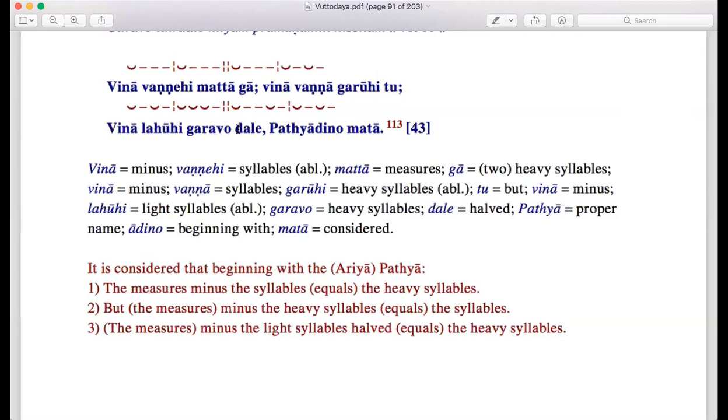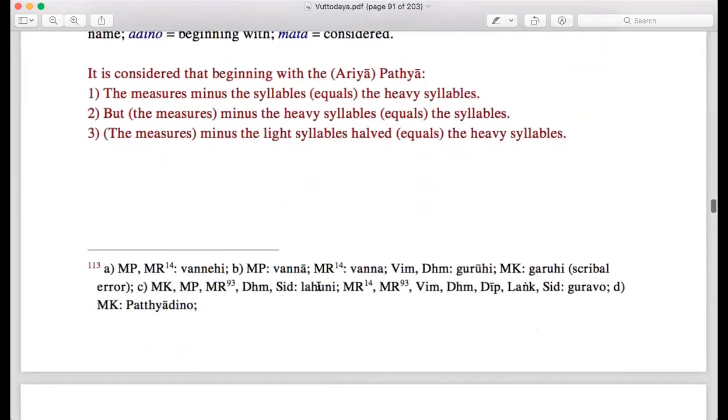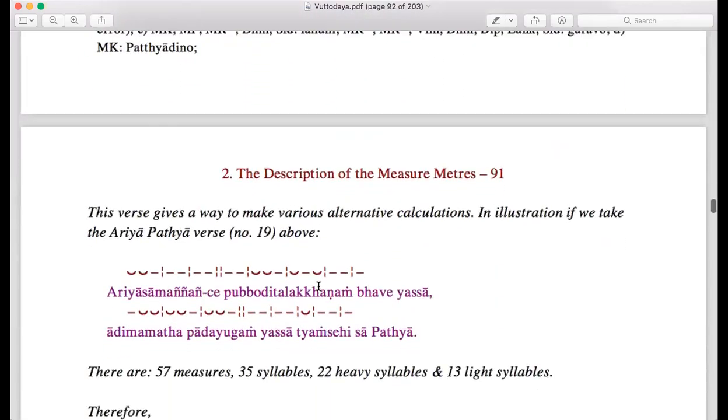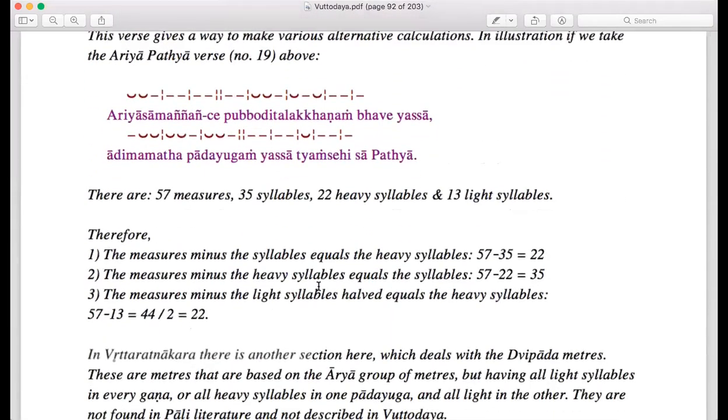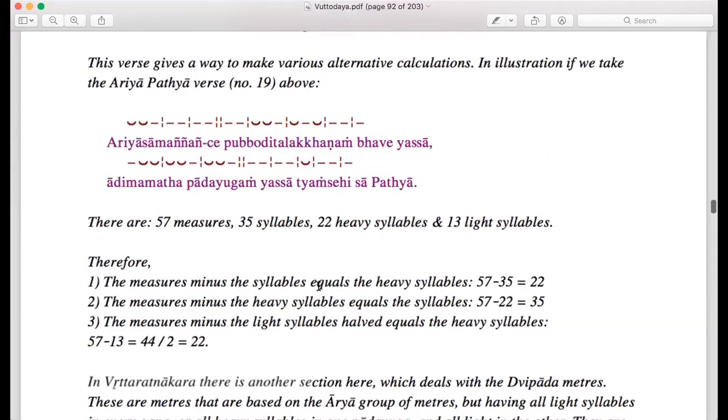And this dale is not concerned with the calculation. And here, instead of hi, ni should be put: vina lahuni garavo. Vina lahuni garavo was there in the Burmese book, and the calculation was done in another way.